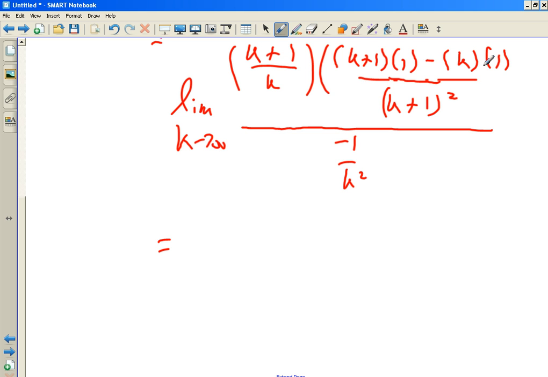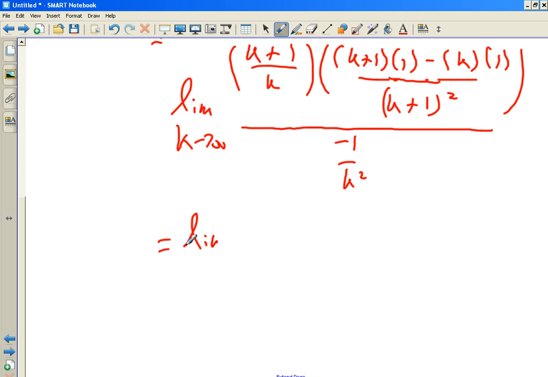All right, let's see. What's this numerator, really? That's just 1. What is k plus 1 into k plus 1 squared? K plus 1 in the denominator, right? So this is really 1 over k plus 1 times k. How do you divide by this? Multiply by the reciprocal.